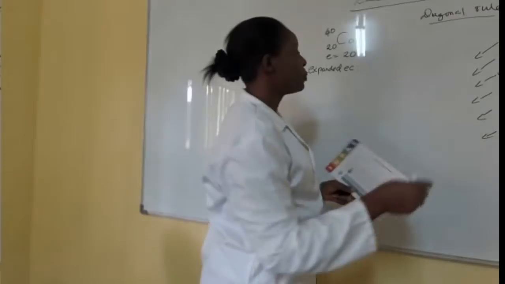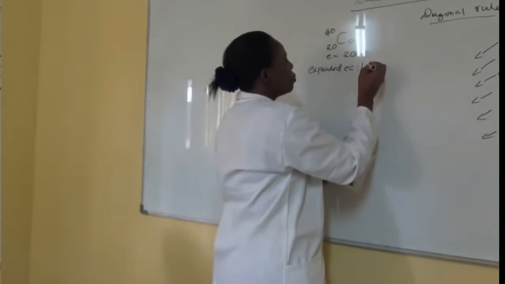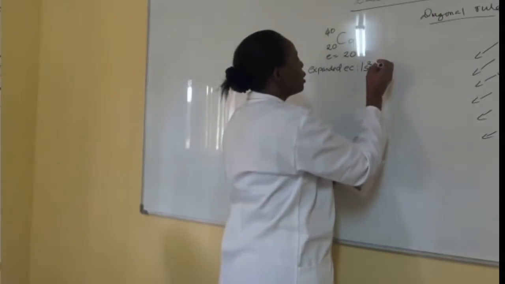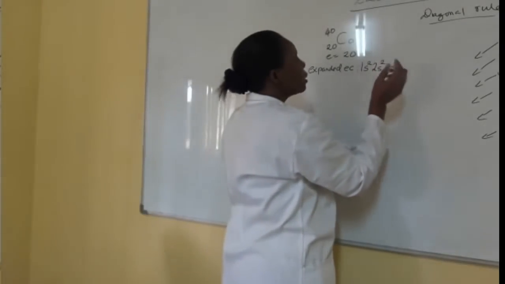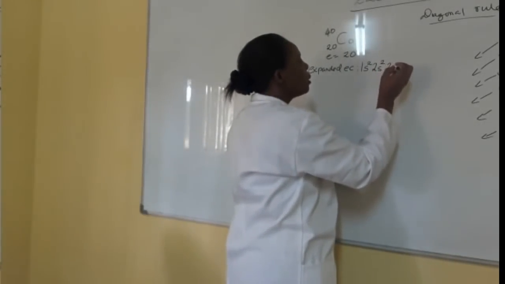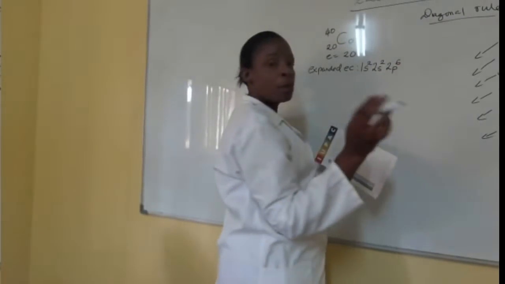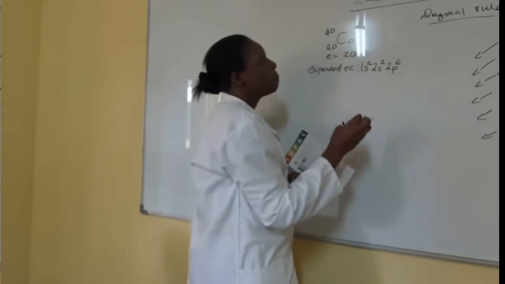The first electron will go in the 1s, so it will be 1s2. The next electrons will go in the 2s, so it will be 2s2. The next electrons will go in the 2p, 2p6, since p orbitals can have a maximum of 6 electrons.